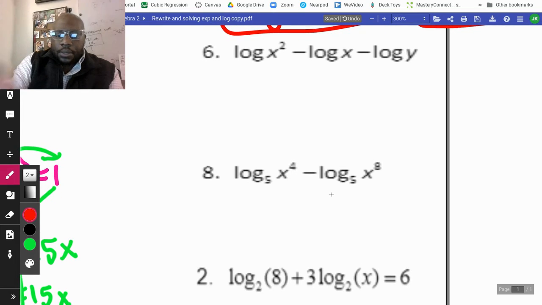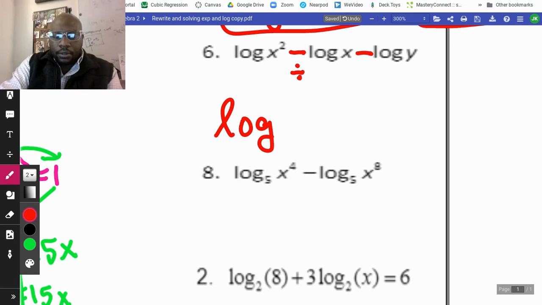All right, so with this one is a minus and a minus. The first minus tells us it's going to be a division, right? So I need to have my log first, and then it's being divided.